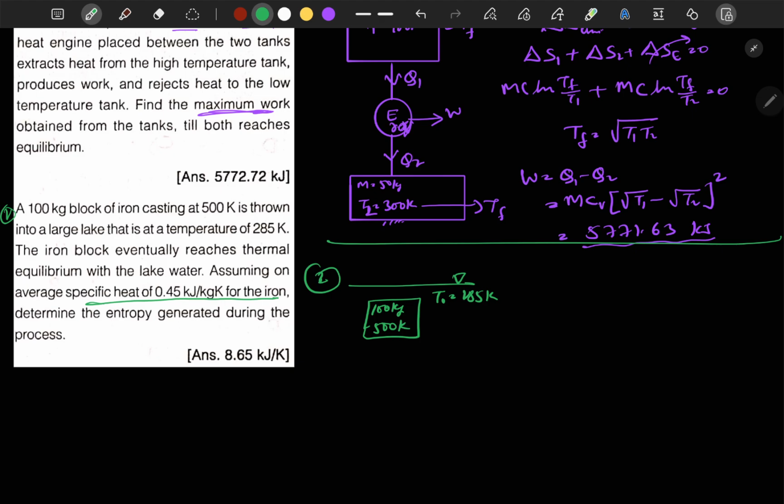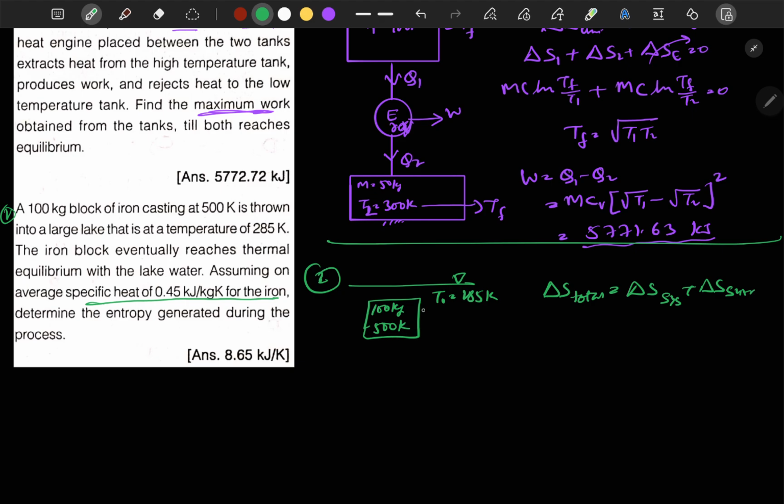For entropy generation, we can say that delta S total is equal to delta S of the system plus delta S of the surrounding.